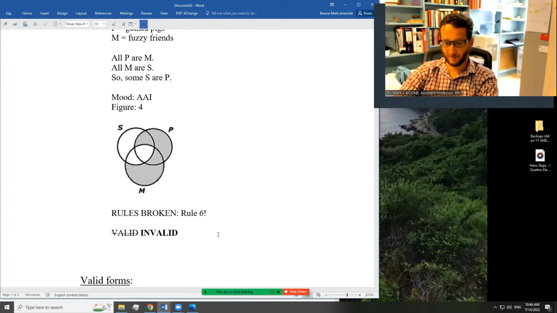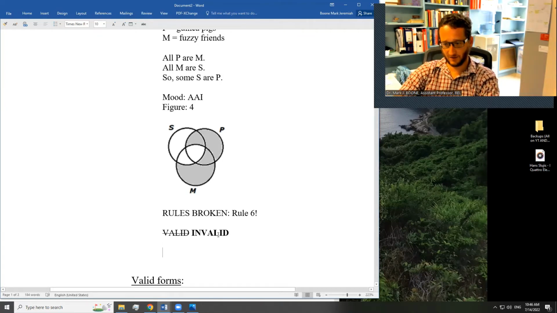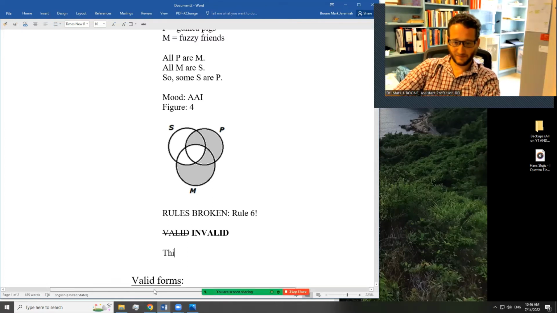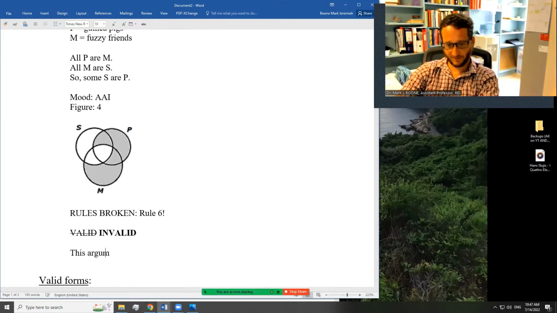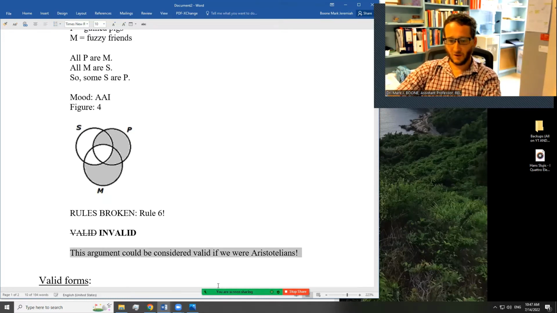But if you like, you could write down as a note to your teacher: the argument could be considered valid if we were Aristotelians.